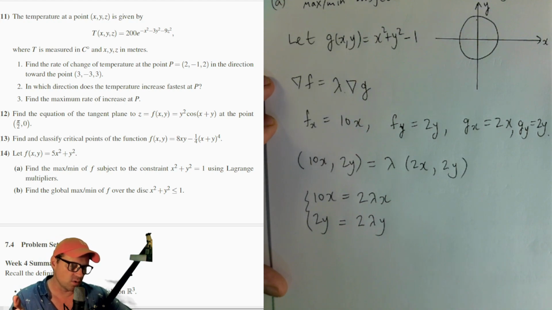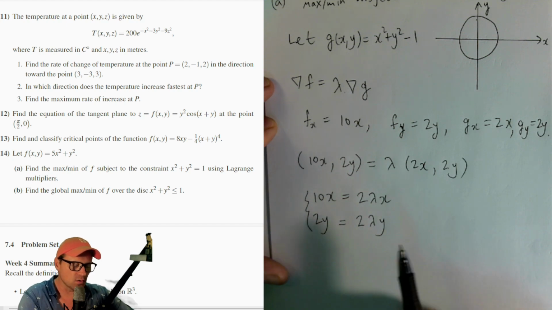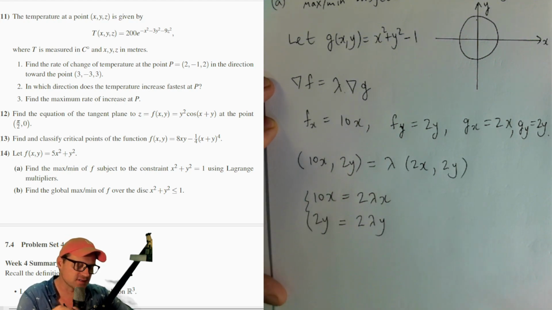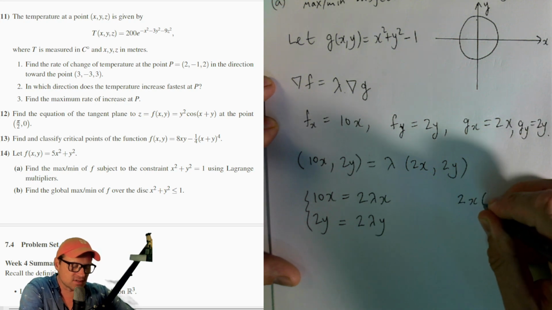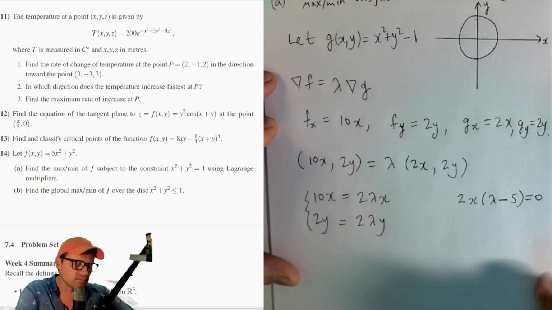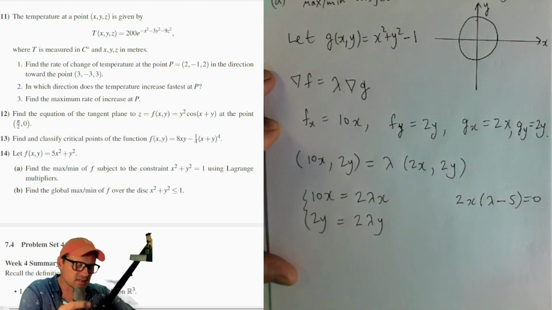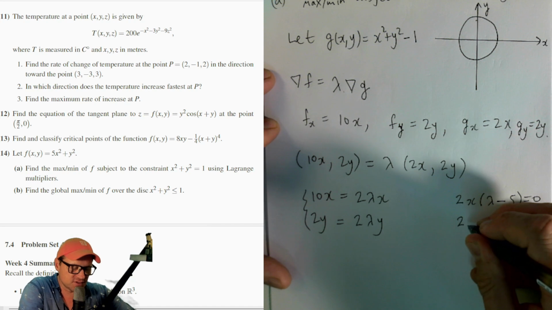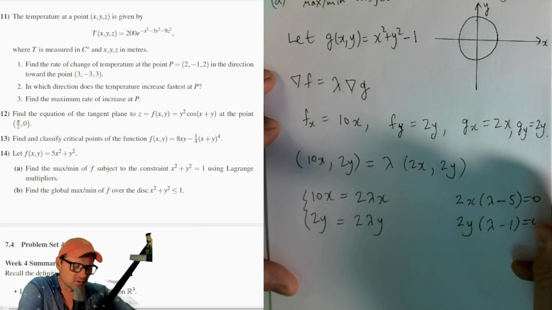We have a choice here: we can solve for the constraint or we can eliminate the constraint. Let's rearrange the first equation: 2x times (lambda minus 5) equals 0. And the second equation, taking this over to this side and factorizing, we have 2y times (lambda minus 1) equals 0.